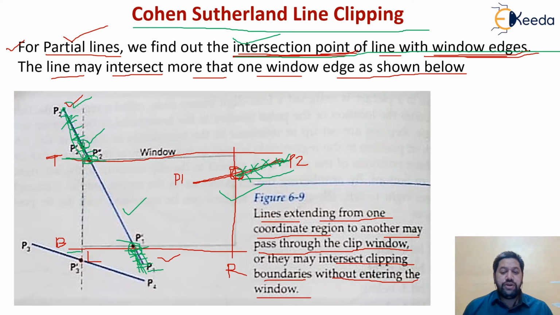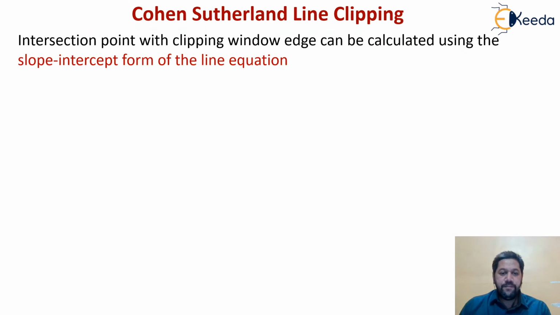We know what the algorithm is, that there are 3 steps, and how the algorithm works. But now we just want to mention the equation to find the intersection point, so I'm moving to the next slide. This is the last slide of today's session, which shows how to find the intersection point.